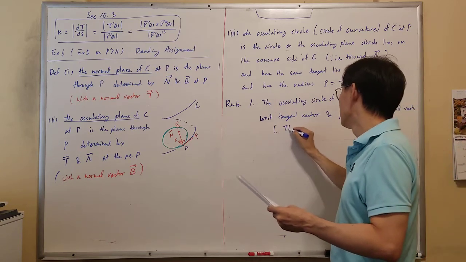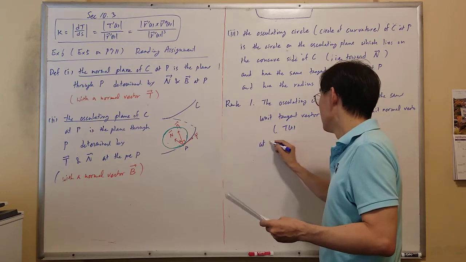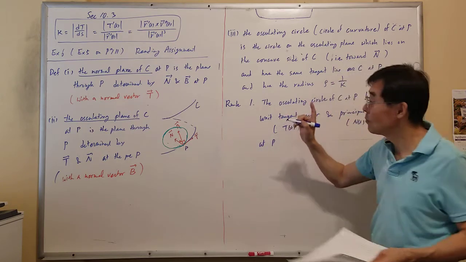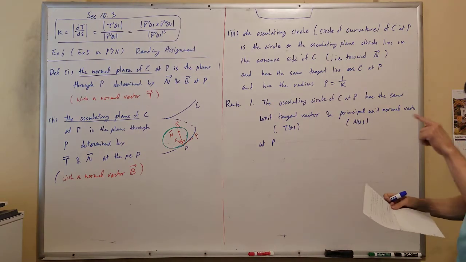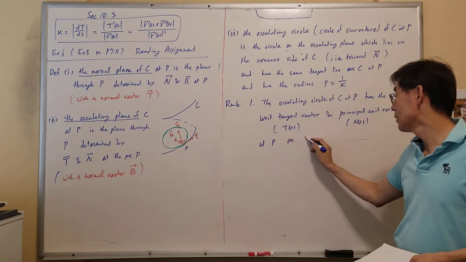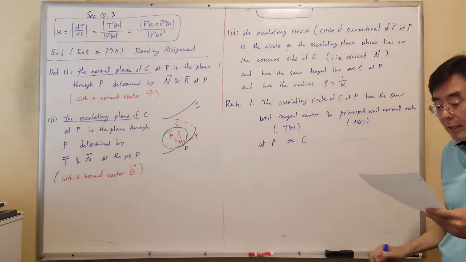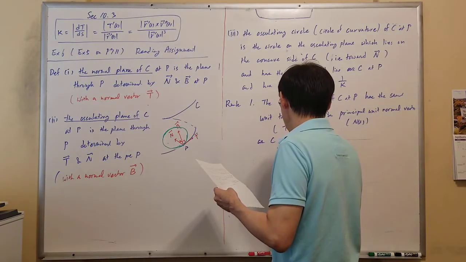Basically, T and N. They have the same unit tangent vector and principal unit normal vector as the curve C at P.